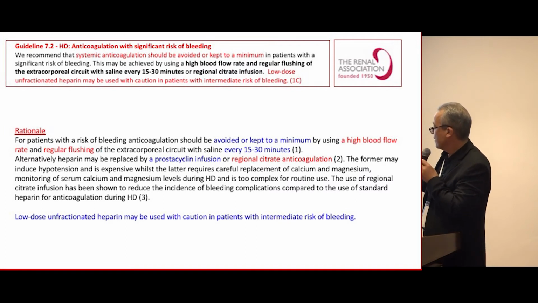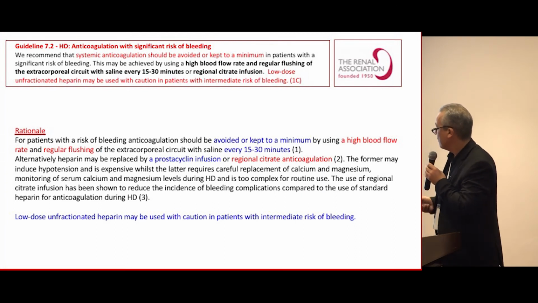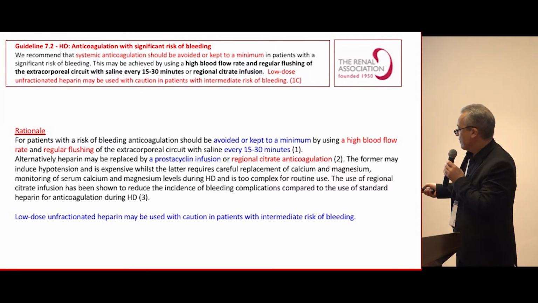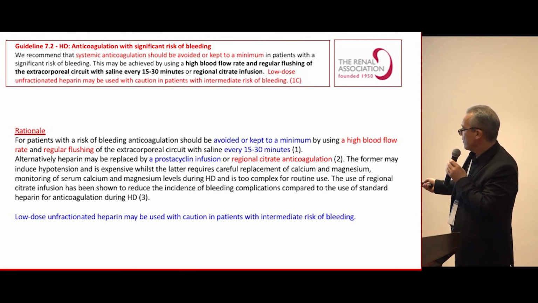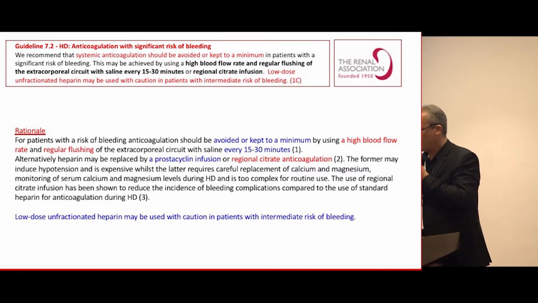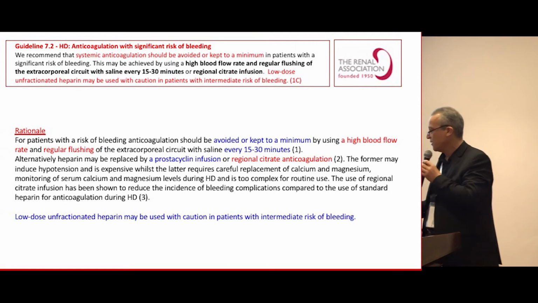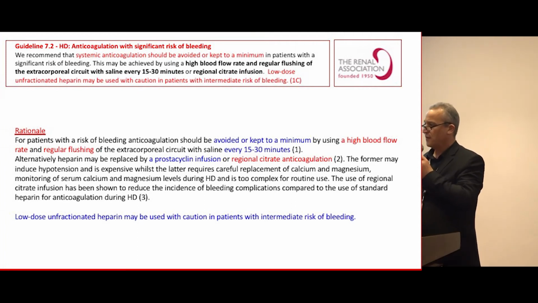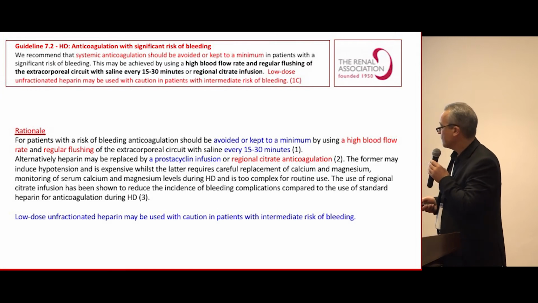And unfractionated heparin may be used with caution in patients with intermediate risk of bleeding, but at low dose. They also propose to use regional citrate anticoagulation for these patients, and I think this is a nice possibility in our patients with a risk of bleeding, since it is a regional anticoagulation only.